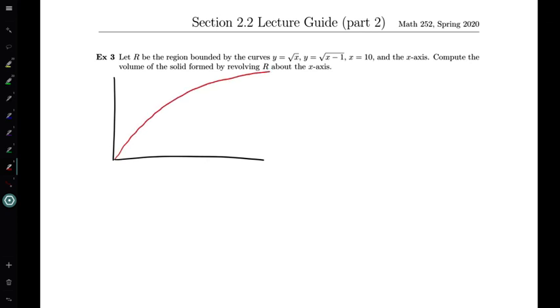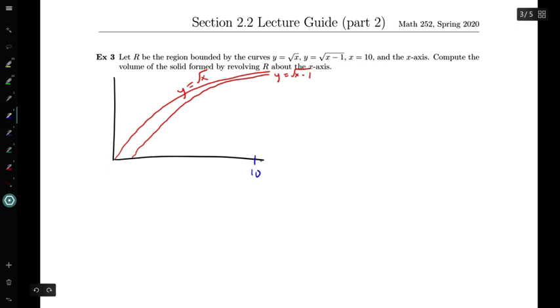It looks something like this. Square root of x minus 1 is going to be a translate of square root of x, 1 unit to the right. So if here's the square root of x, I want to translate this 1 unit to the right, which looks something like this. So this will be y equals square root of x minus 1. I have x equals 10 as one of my bounds.